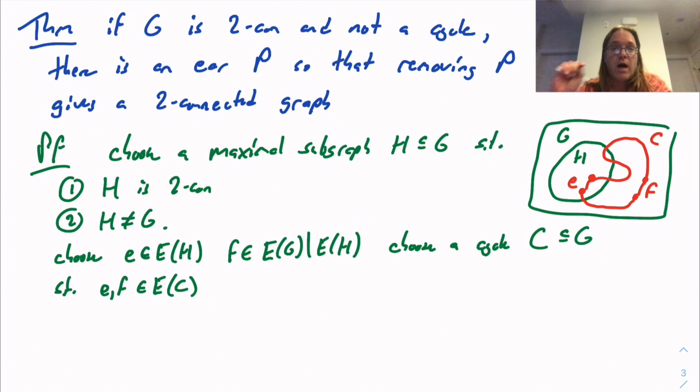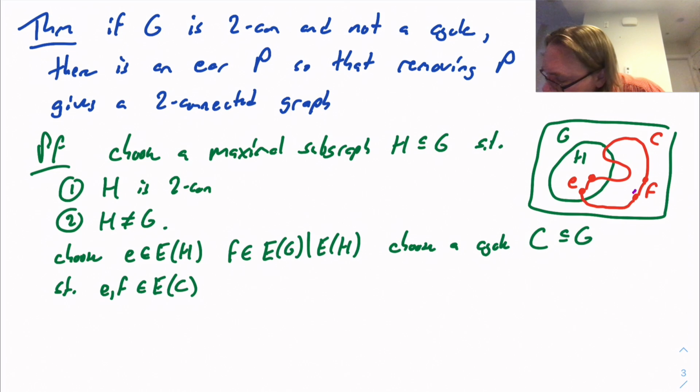So I've got this cycle C. It contains my edge F. I'm going to start from the edge F and start moving out from either side, and I'm going to stop as soon as I get to a vertex of H. So I'm going to start with this edge F, move out this way, and stop here.